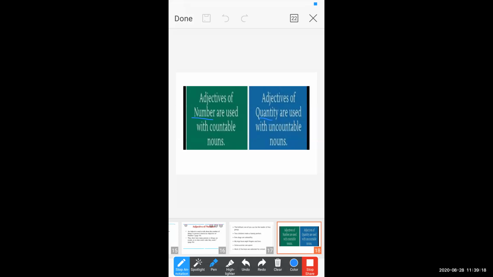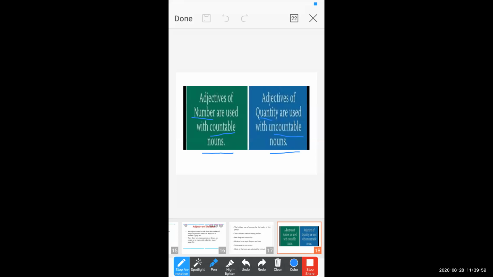So here what you have to do: adjectives of number are used with countable nouns, and adjectives of quantity are used with uncountable nouns. I know, students, that in a previous lecture I already taught you about countable and uncountable nouns. Countable nouns mean where you can count the nouns. Uncountable nouns mean where you cannot count the nouns. Countable nouns, for example, book, pen, things you can count. Uncountable nouns are water, soil, milk, oil, which you cannot count. That comes under uncountable nouns.